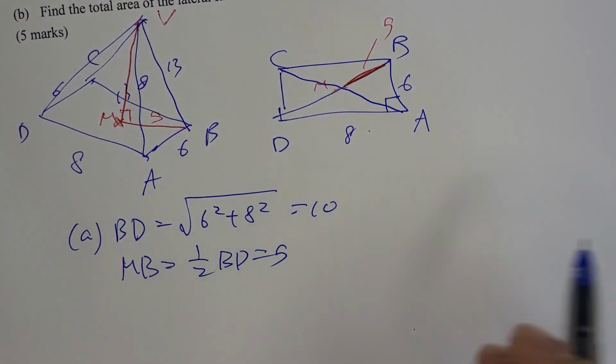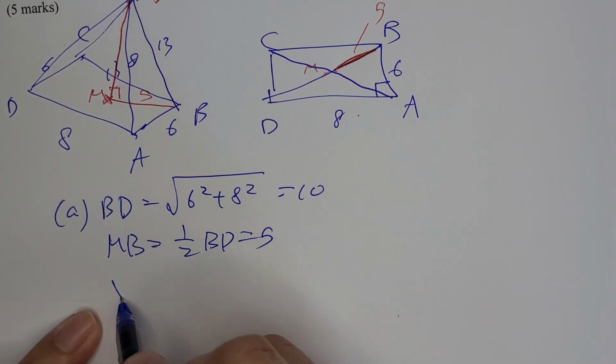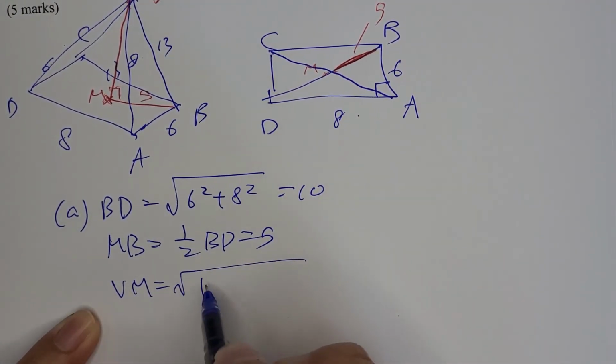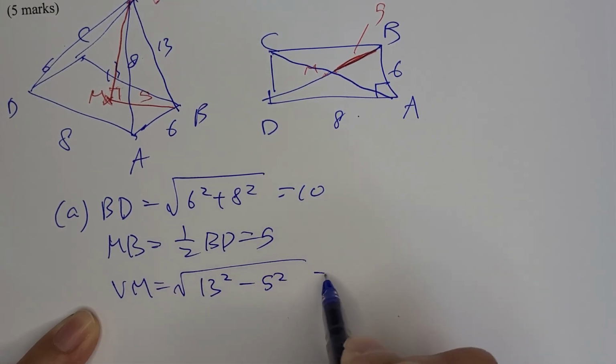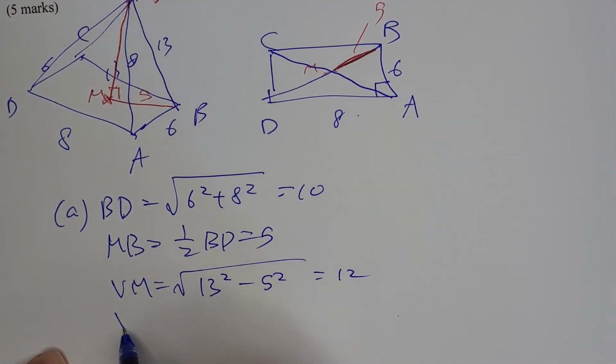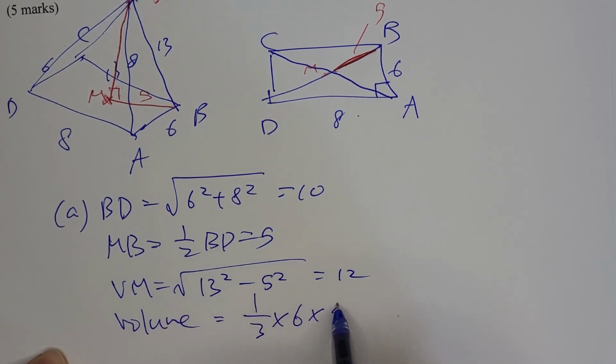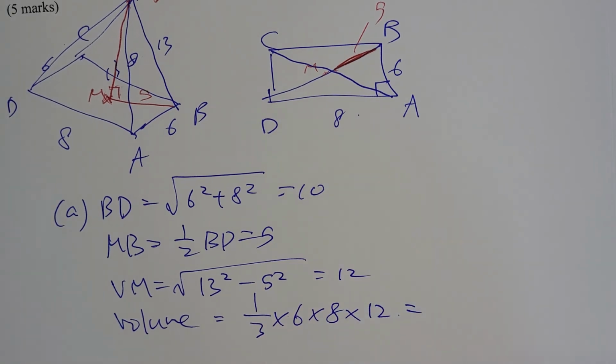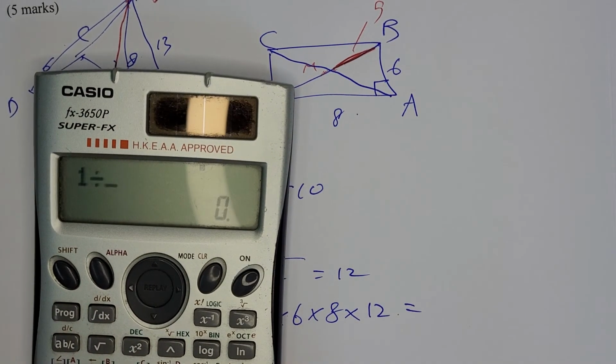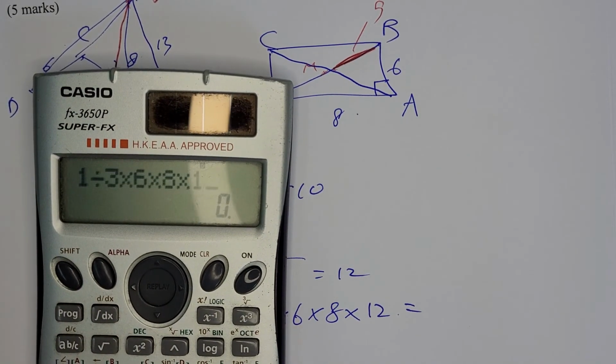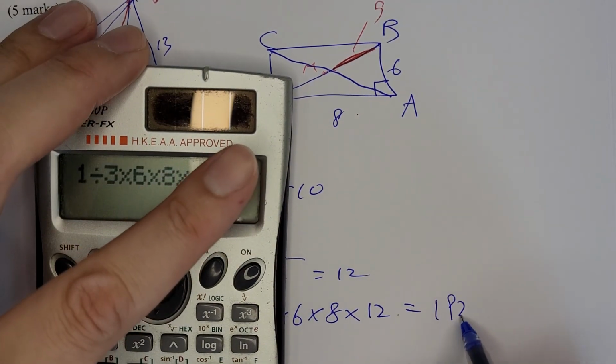Then you can use Pythagoras theorem again to find VM. 13 squared minus 5 squared, that is 12. So you can find the volume, 1/3 times the base area times height. 1/3 times 6 times 8 times 12, 192.